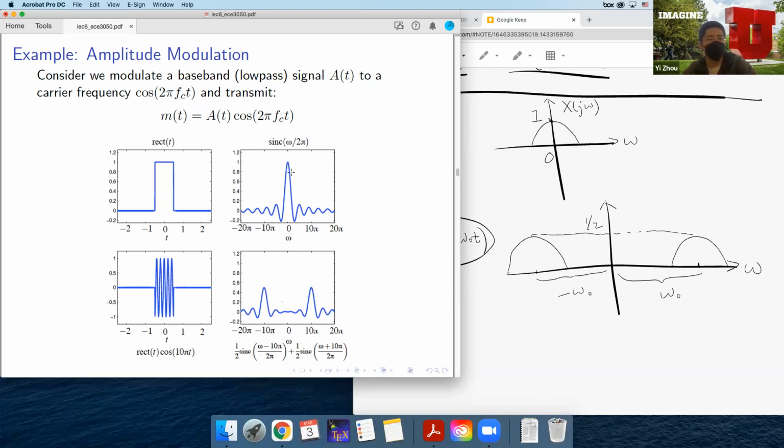So now the two spectrums have relatively smaller amplitudes. But in the end, after this modulation, you can see that now this signal is located in the carrier frequency band, and then you can feed it to the wireless communication system, send it over the air.